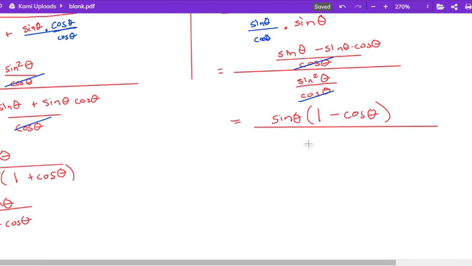Then I've got sine squared theta, and I cancel these. Okay, now I'm stuck. 1 minus, I don't know if that's what I wanted to do. I don't want to change it into 1 minus cos squared theta.